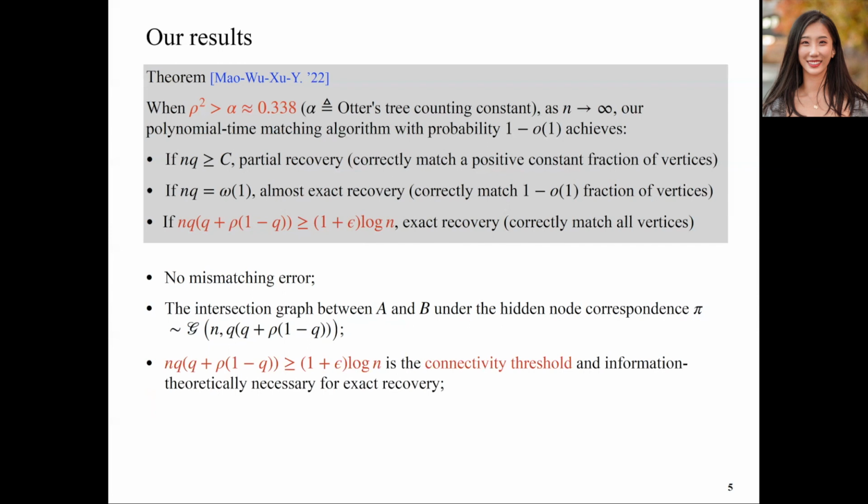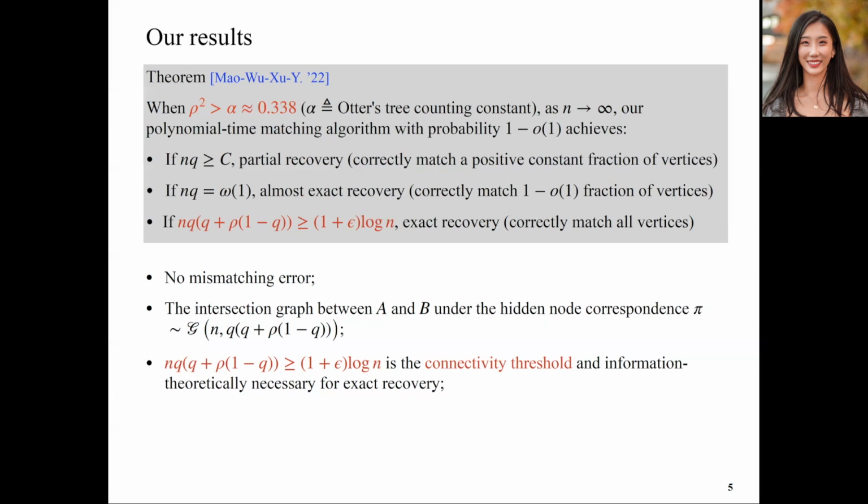In other words, if you go below the threshold of log n, then the intersection graph will contain many isolated users. So there is no way that we can distinguish those isolated users from each other. That's why this highlighted condition is information theoretically necessary for exact recovery.